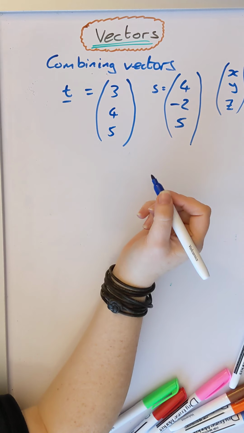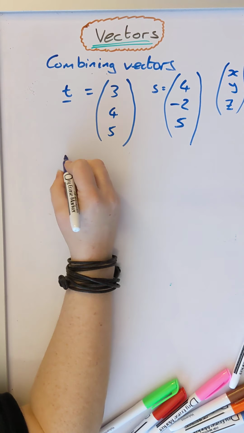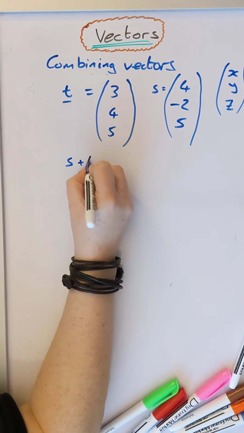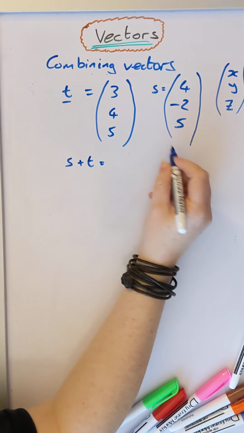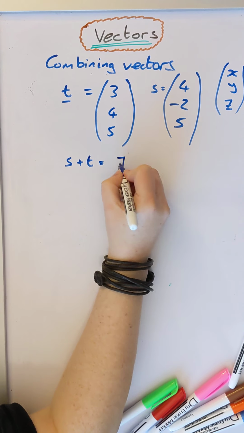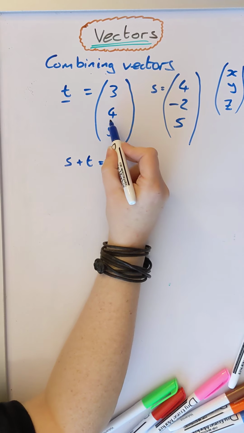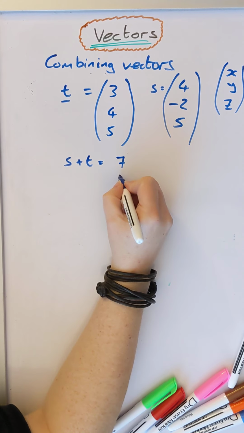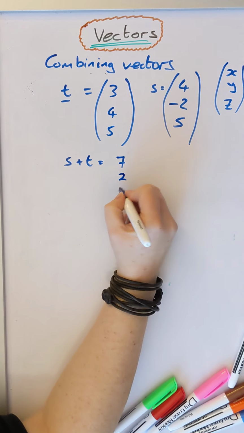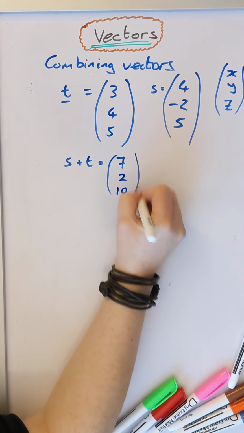But we can still combine them in the same ways. So if I did S plus T, I would have 4 plus 3 is 7, -2 plus 4 is 2, and 5 plus 5 is 10.